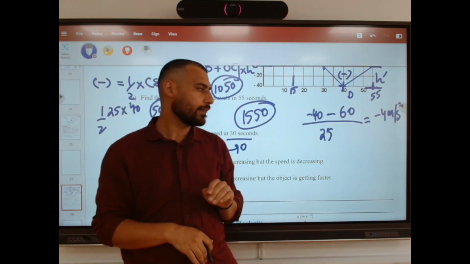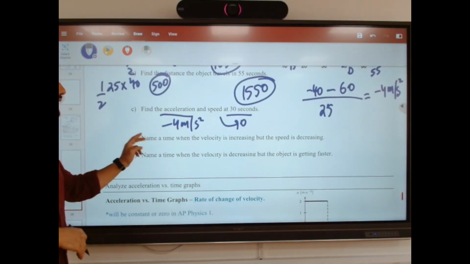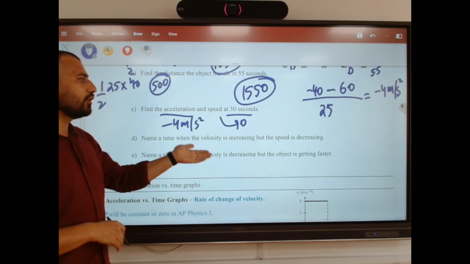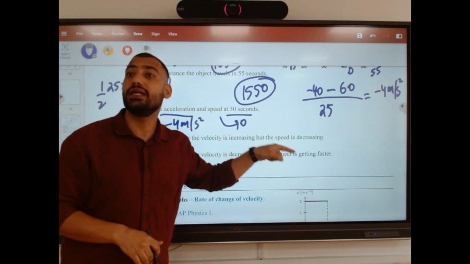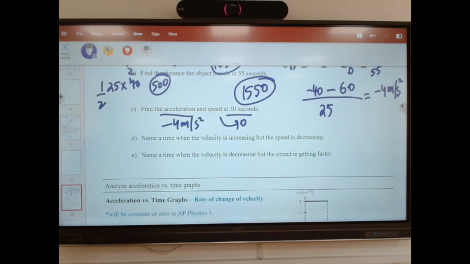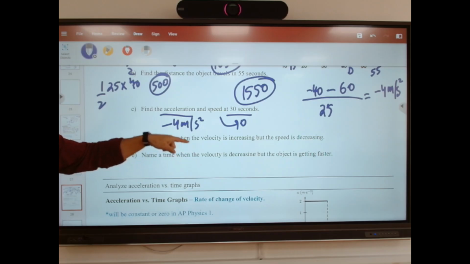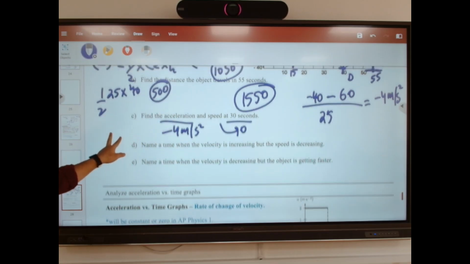Is that clear? Okay, name the time, just the time, when the velocity is increasing, but the speed is decreasing.